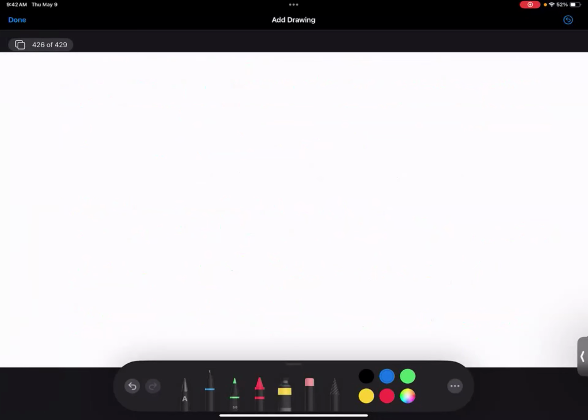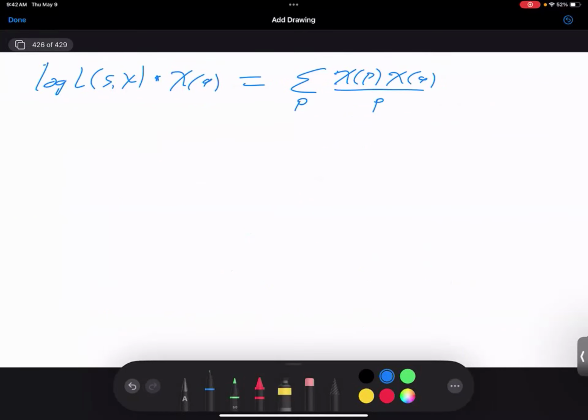Let's look at the log of L(s, chi) times chi of a. That's going to be the sum over primes of chi of p, chi of a over p to the s, plus good stuff.